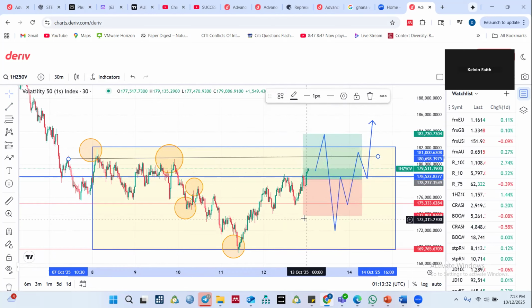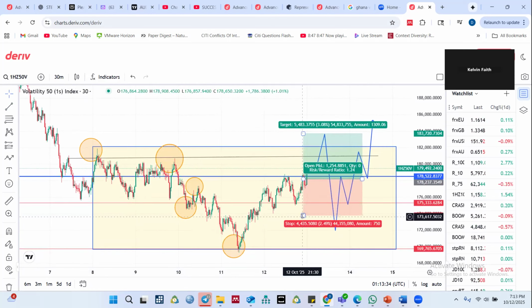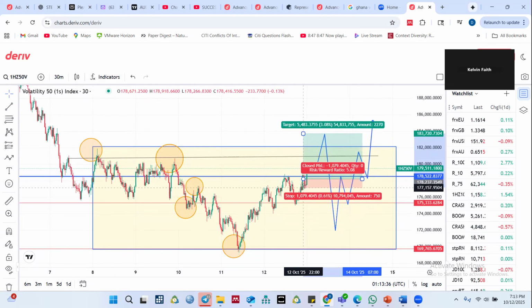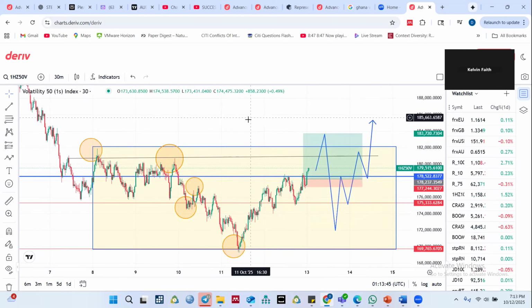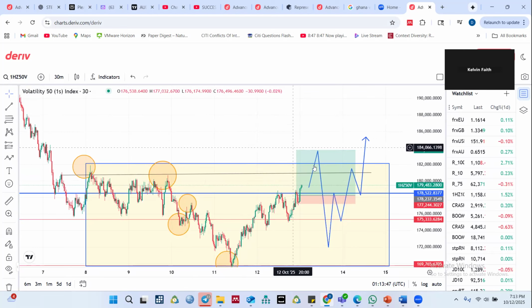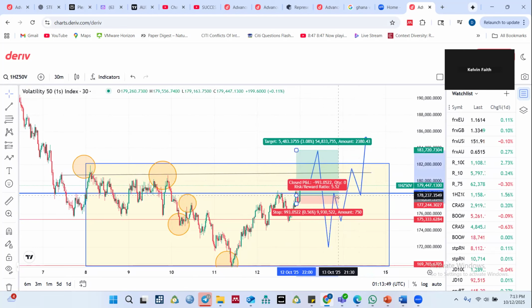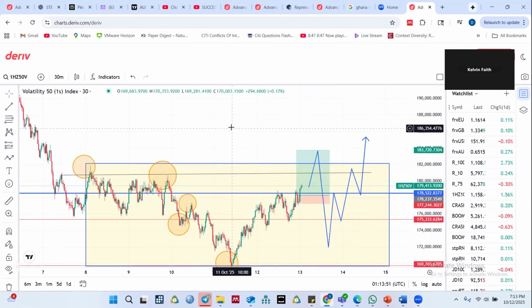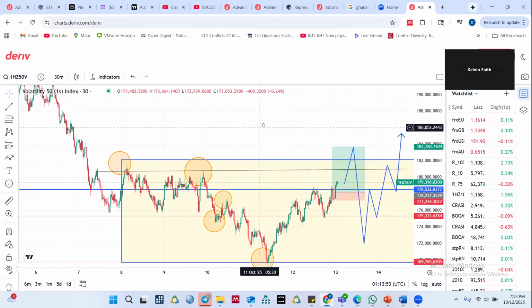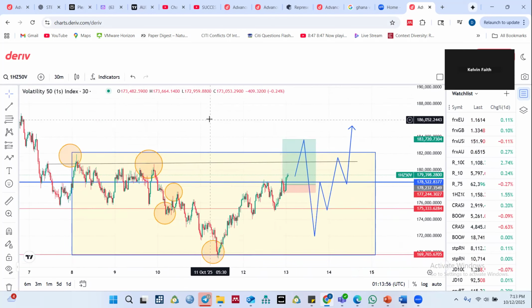I'm looking for price to sweep the sellers. My stop loss is going to be very small, because the moment price engulfs back below the blue line, it's likely going to push down. So it's going to be just this small low that is here, like this. This is giving like 1 to 3, or 1 to 2.5, or 1 to 2. And then I see what will happen.